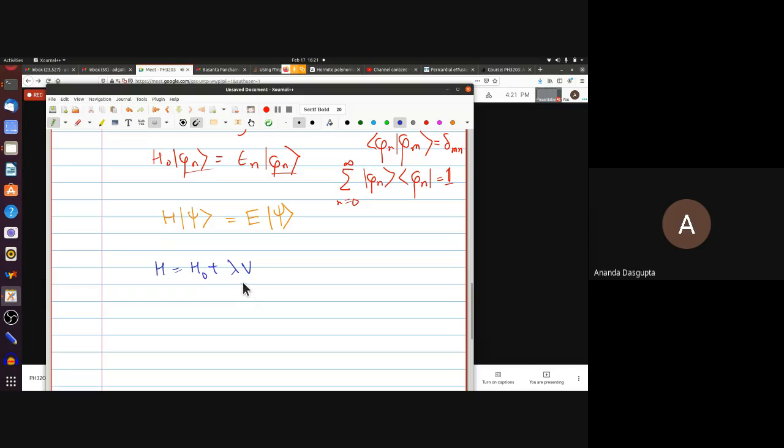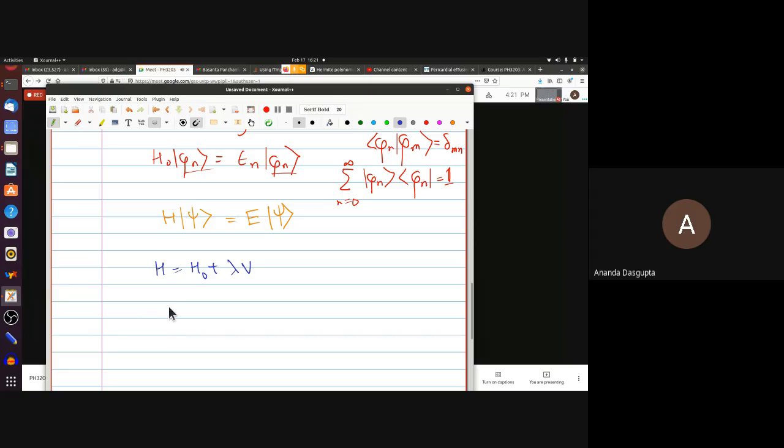So that, of course, when lambda is 0, you get back the free theory or the exactly solved theory, H0. And when lambda is 1, you actually get the theory you want to solve. The only reason why lambda is useful is that it helps us keep track of how many potential energy terms you are getting into your expressions. And so if V is small, the larger the number of V's you have, the smaller this thing is going to be. At least that's the way we think about it.